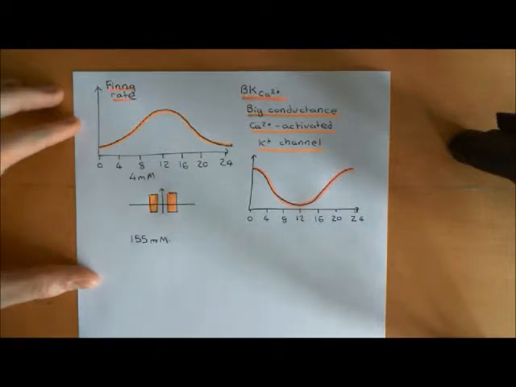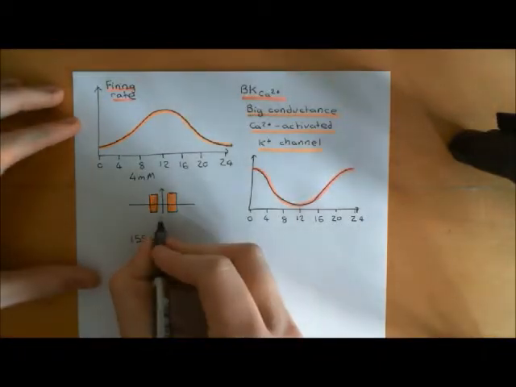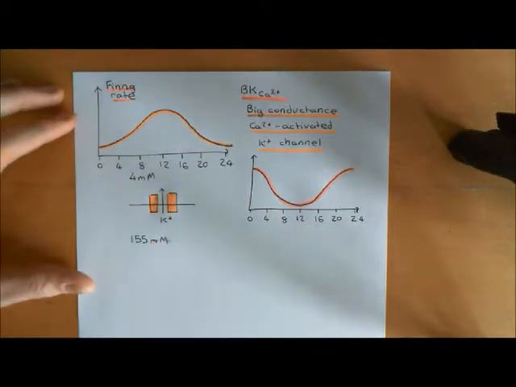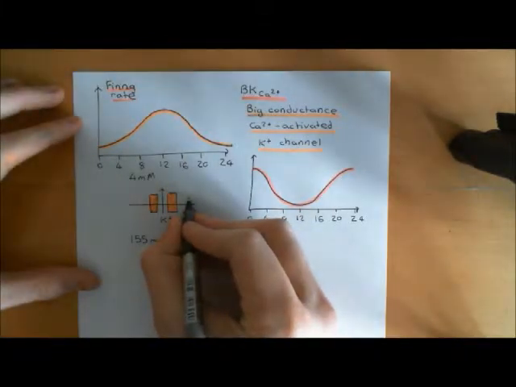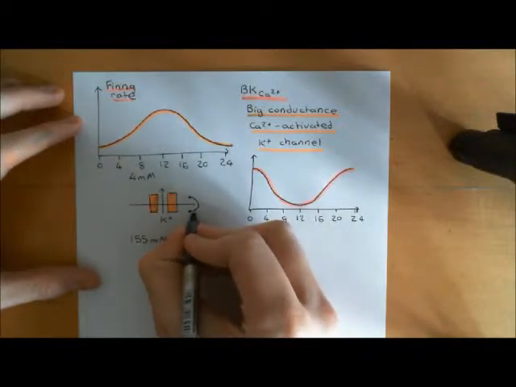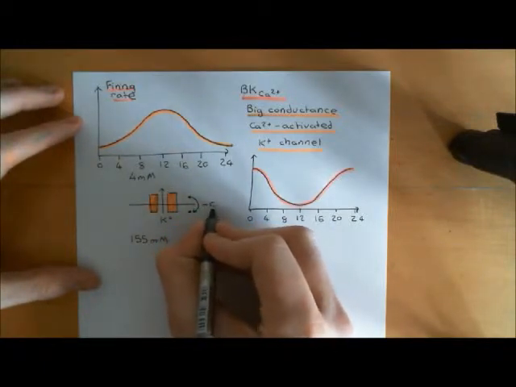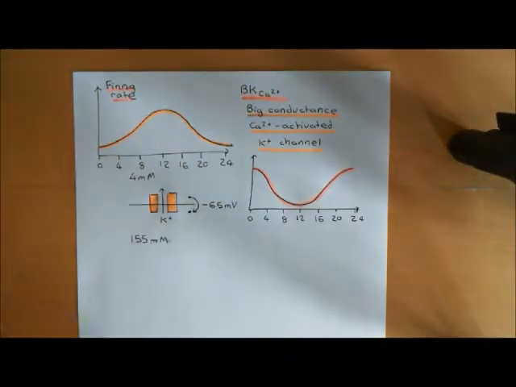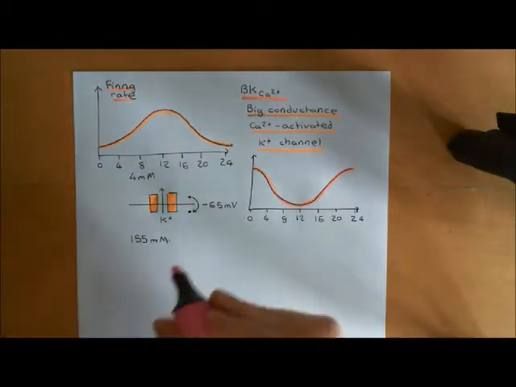Now, if you want to decide which direction an ion is going to move when you open a channel, you can't just look at the concentration gradient, you have to also look at the electrical gradient. Usually the resting electrical potential difference across a cell membrane is around negative 65 millivolts, meaning that the electrical potential intracellularly is 65 millivolts lower than the electrical potential extracellularly.